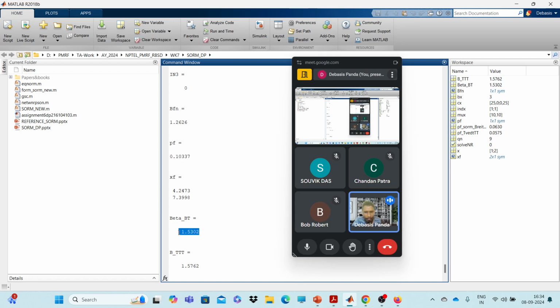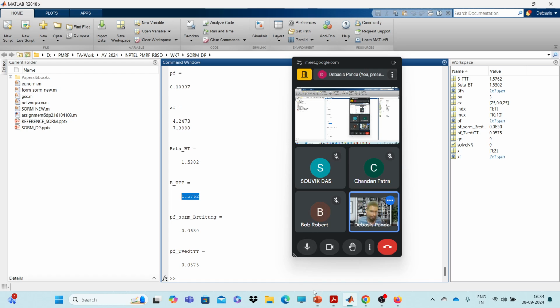Now using Breitung approximation this, using Tvedt approximation this. Look, the Tvedt has increased. The A2 and A3 terms will only appear when there is large nonlinearity, and the probability of failure will subsequently change. Now you can run other problems and check whether your results vary or not.